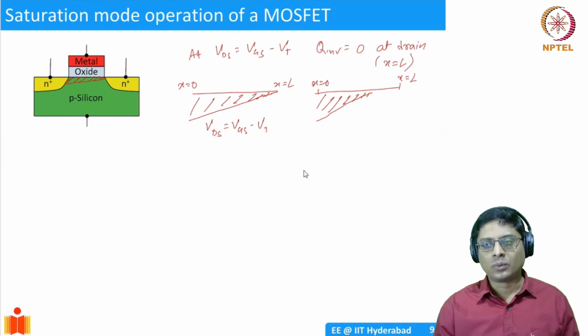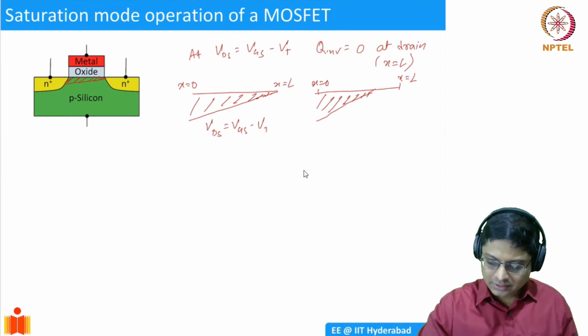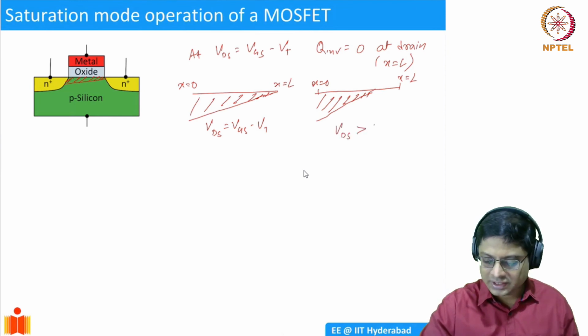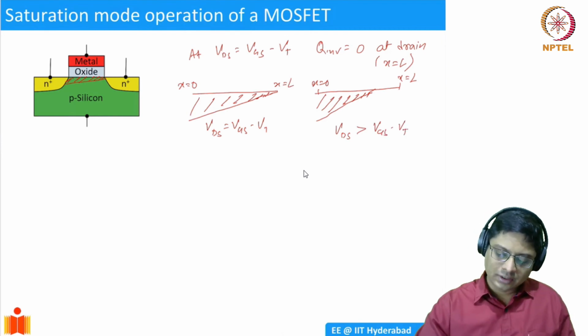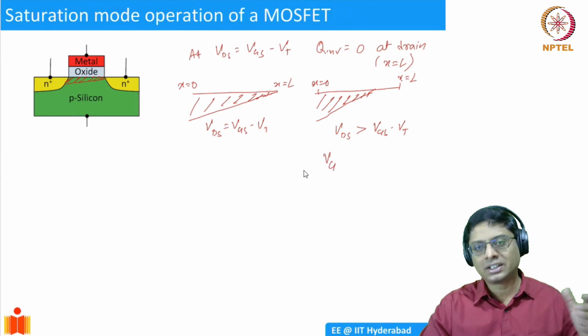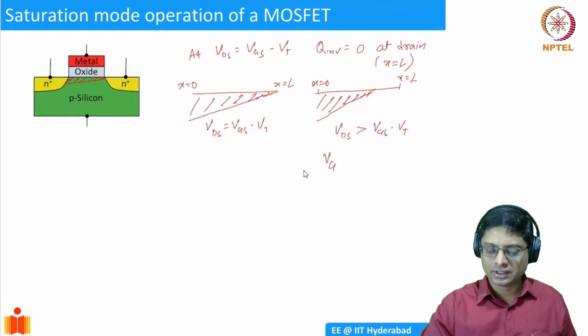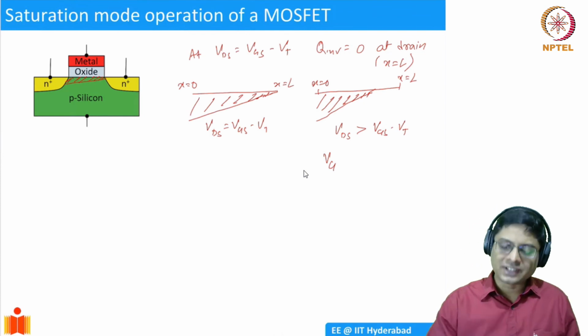Okay. Why is this happening? VDS is greater than VGS minus VT, right? So VG, which is basically you need a voltage above the threshold voltage to sustain the inversion charge, becomes less than VT.